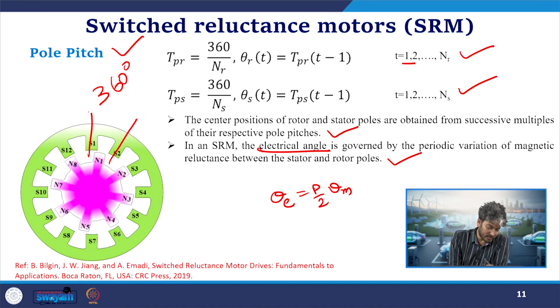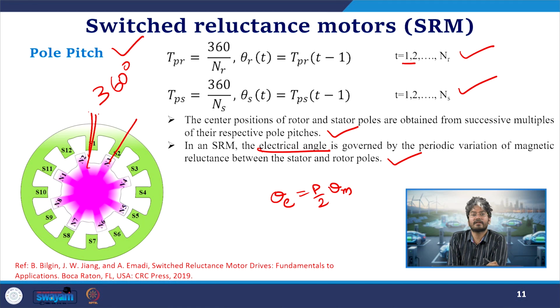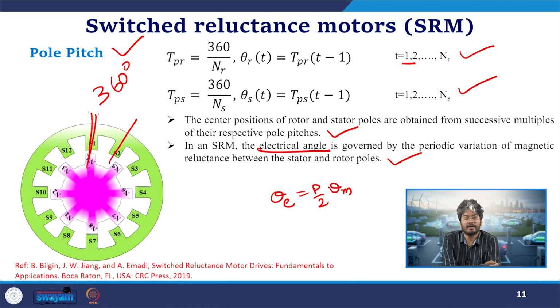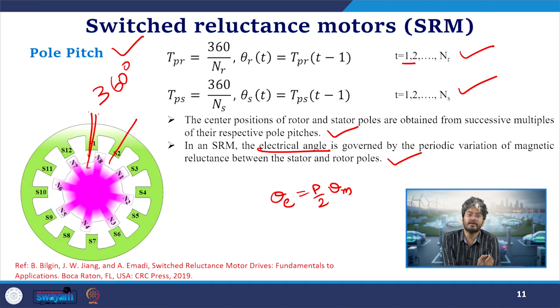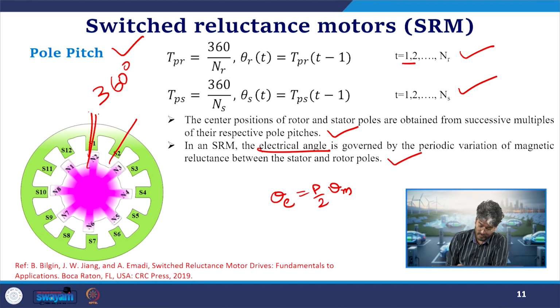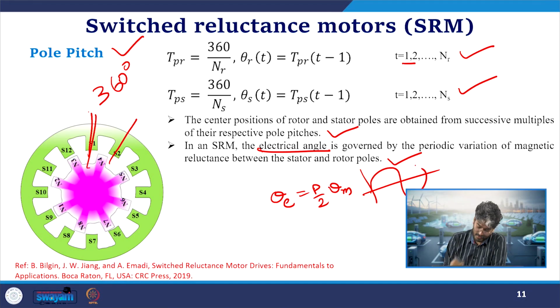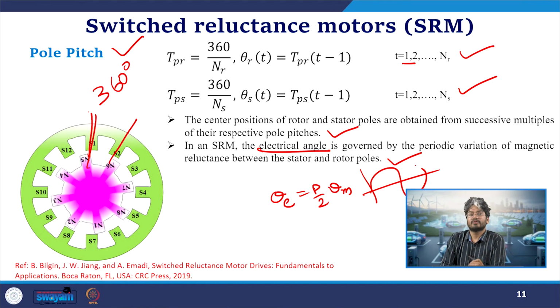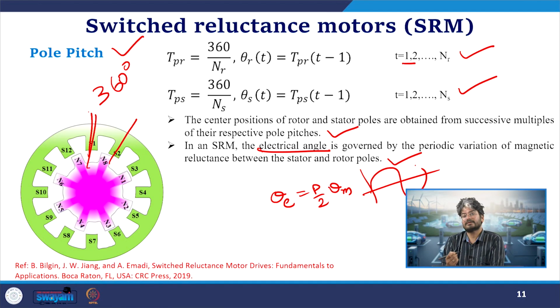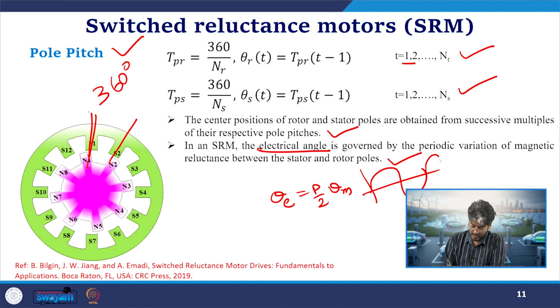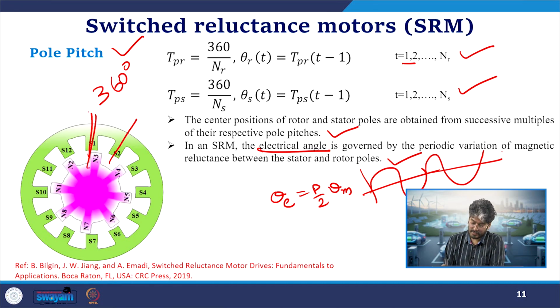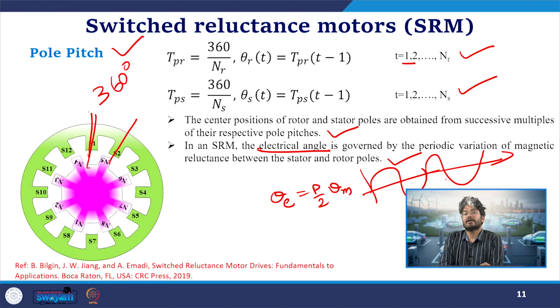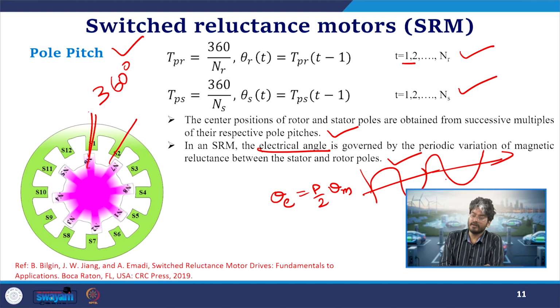Suppose N1 is considered as the reference point; the time N1 comes to the same location in the next cycle, we will have completed many cycles of the electrical AC. This is one AC cycle. So, when the mechanical angle is 360 degrees, I can have many electrical cycles in between. That is how the electrical and mechanical angles are related to each other.